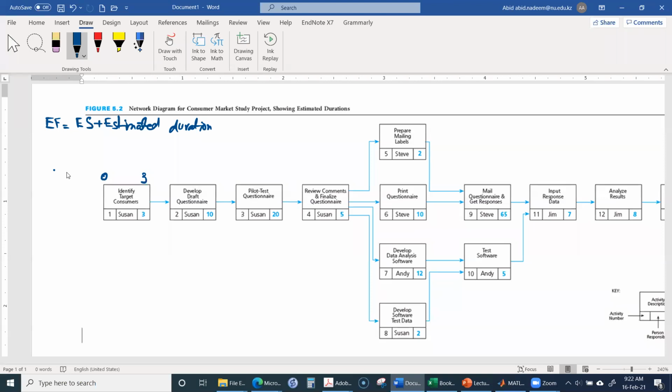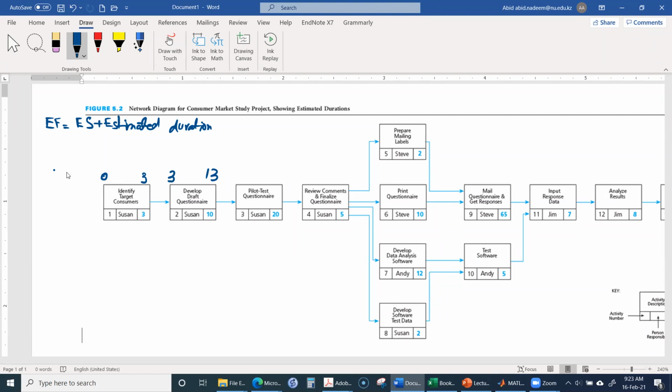So we put its start time as 3, and then 3 plus 10 is 13, so it finishes at 13. In this way, we have calculated the earliest start and earliest finish time of these first two activities.